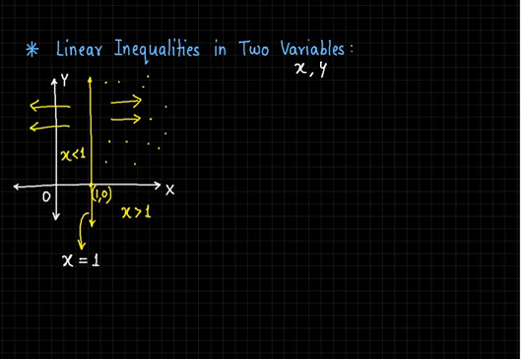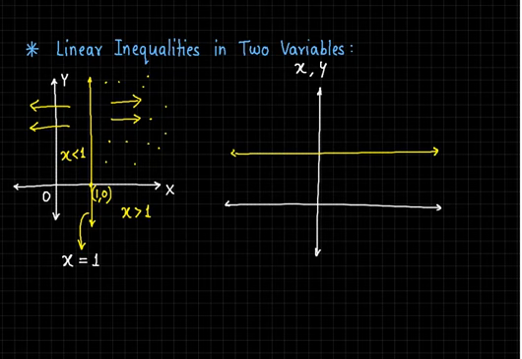Now instead of x equal to 1, suppose we consider y equal to 1. In this case we have to consider the line which is parallel to the x-axis and passing through the point (0, 1). So y equal to 1 represents a horizontal line.